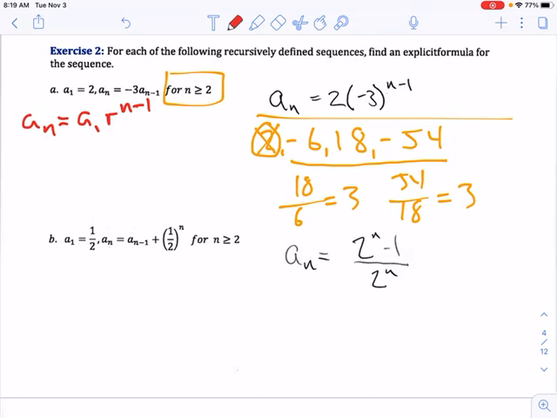So the first term in the sequence, a sub 1, is 2. So a sub n is 2, and then my common ratio is 3 to the n minus 1. Well, that would be great if it wasn't for the alternating negatives. We have a negative, positive, negative, and that relationship will continue. So once again, we have to put in a power of negative 1.